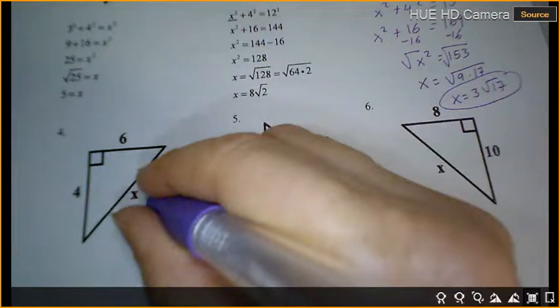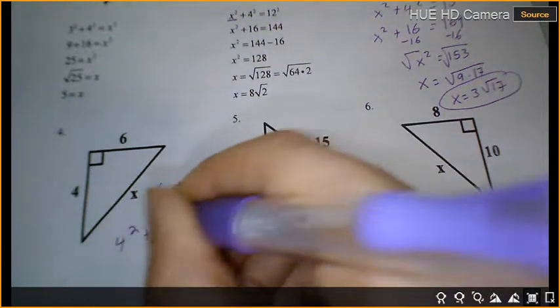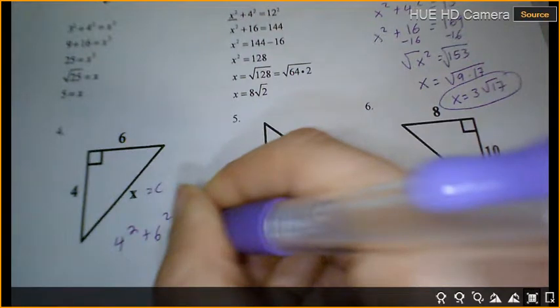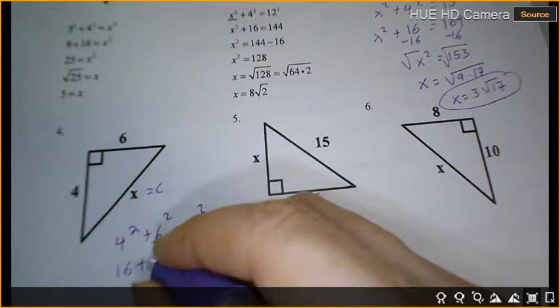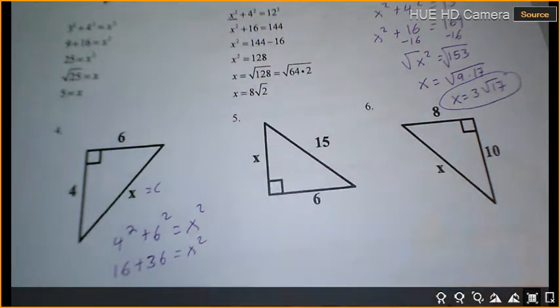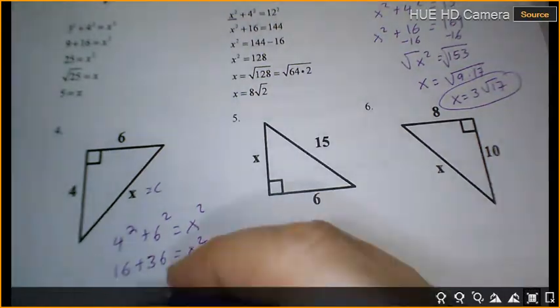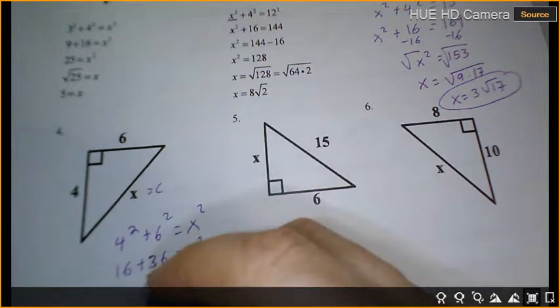X. Okay, so I'm going to go 4 squared plus 6 squared equals x squared. 4 times 4 is? And 6 times 6 is? 36. Okay, what's 16 plus 36? 52 equals x squared. Now we have to find the square root of 52.